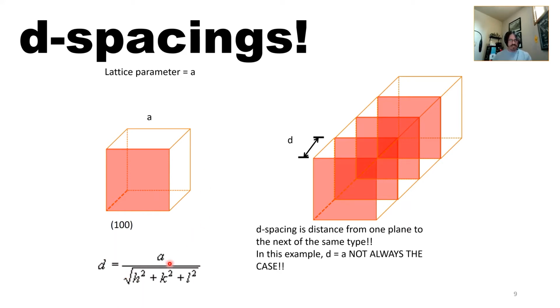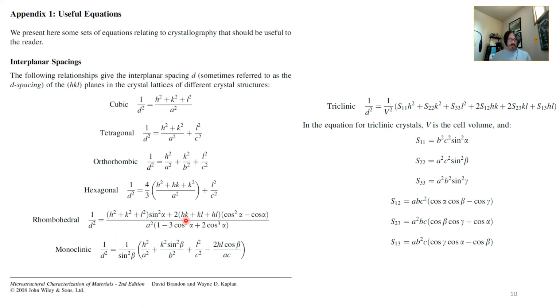It's always good as an exercise. If you had 110, it would be A over the square root of 2. If you wanted the D-spacing of 111, it would be A over the square root of 3. So very simple for cubic structures.